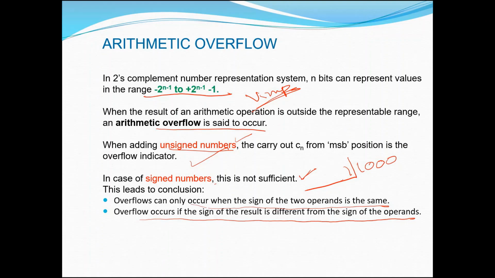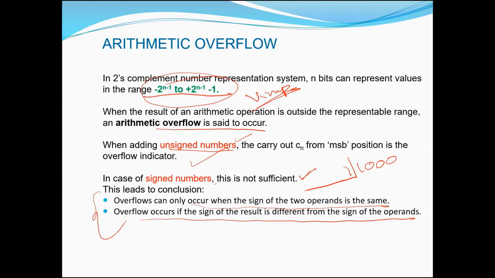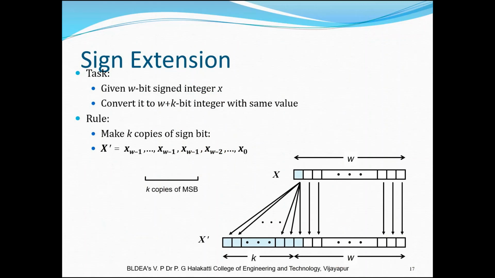Overflow can occur when the answer is beyond the range, and overflow can occur when the sign of the two numbers is the same and the answer is of a different sign. So this is the arithmetic overflow.